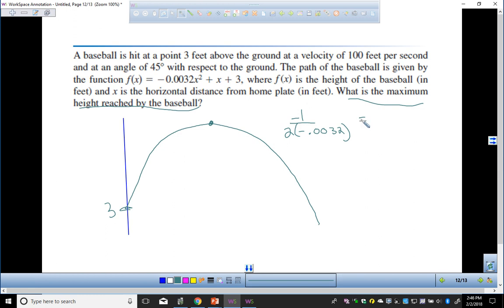And I already did this on my calculator, and I think I got 156.25 feet. You know how to put that in your calculator, right? Then, how do I find out how high the ball goes? I take that and I plug it into the original equation for x, right?